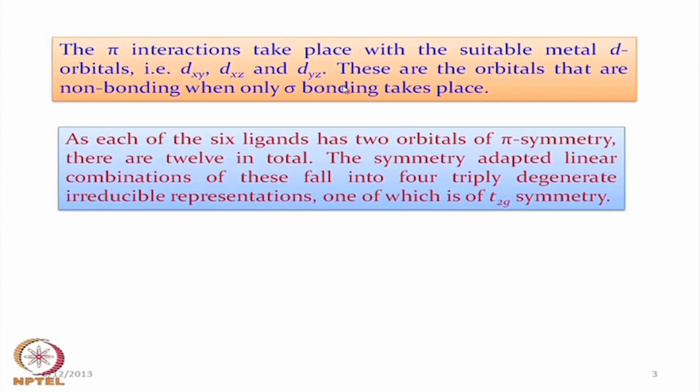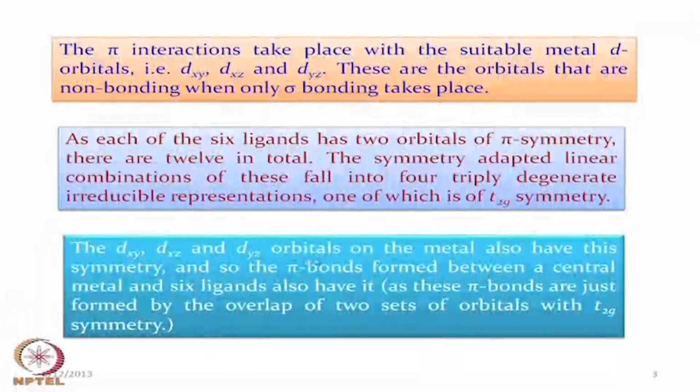Therefore, they will have some matching symmetry with the T2g symmetry from the ligand side. So, one of the irreducible representations within the reducible representation of this group of pi symmetry will have a similar symmetry, which is T2g.